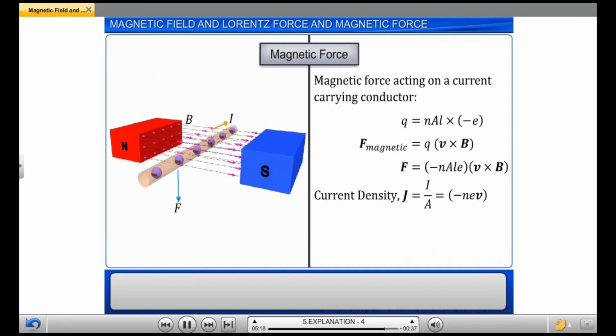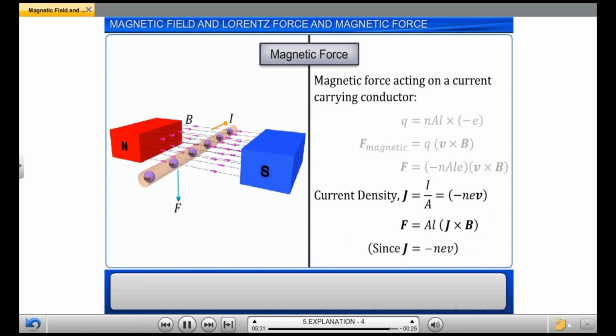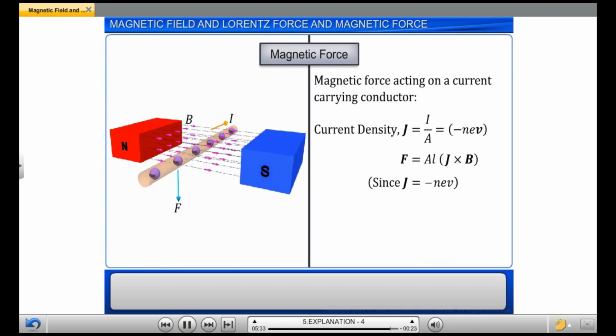In this case, the magnetic force can be written as F equal to AL multiplied by J cross B, since J is equal to minus NEV. From the definition of current density, current I is equal to J multiplied by A. Then, the magnetic force F is equal to I multiplied by L cross B, which can be written as F equal to BIL sin theta.